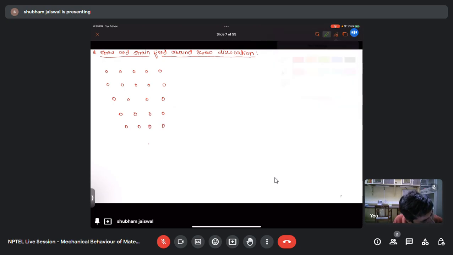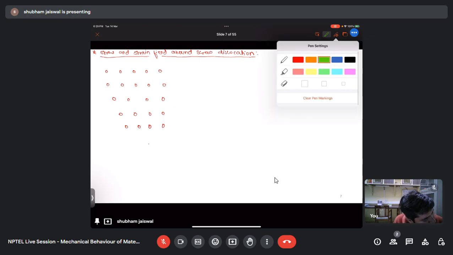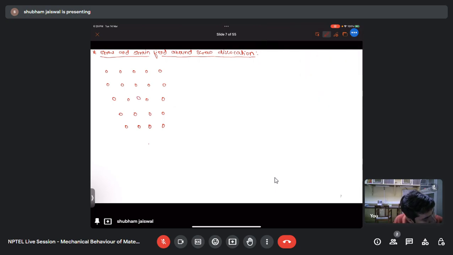So let's say this is my extra half plane. It is bending something. Now try to answer which type of stresses will be acting at that extra half plane.